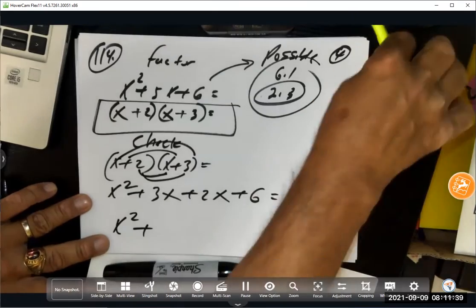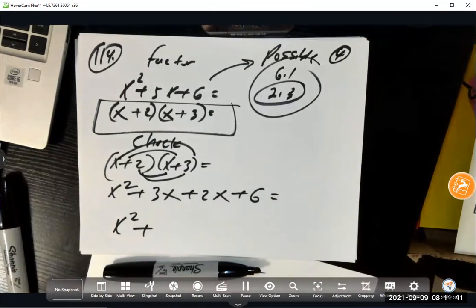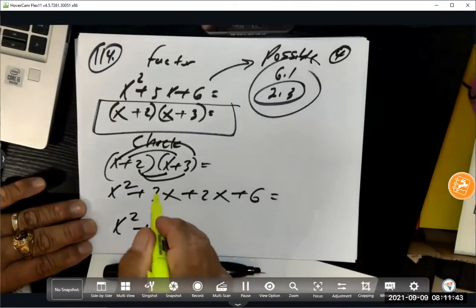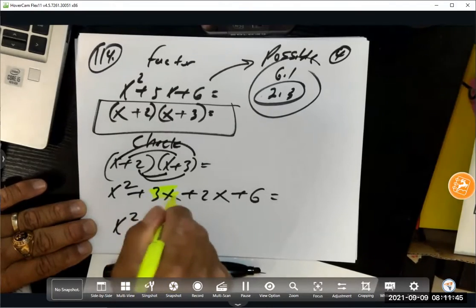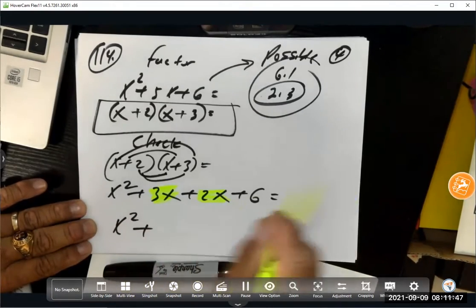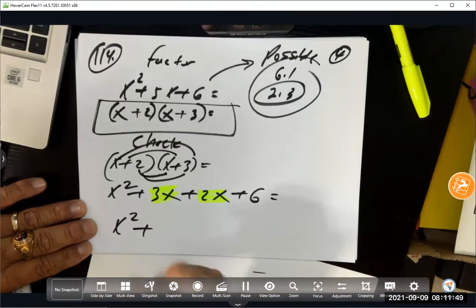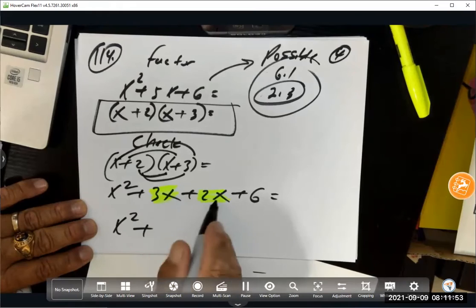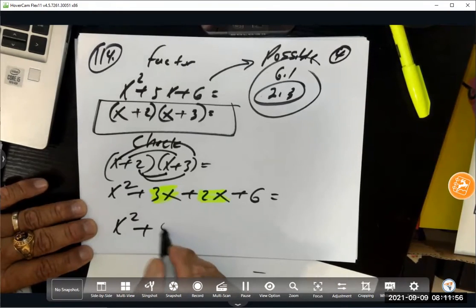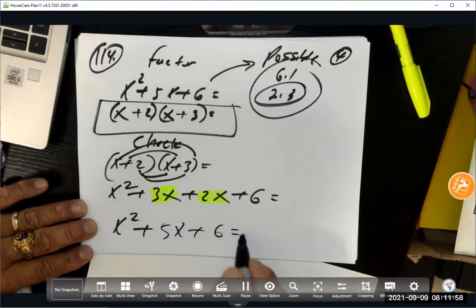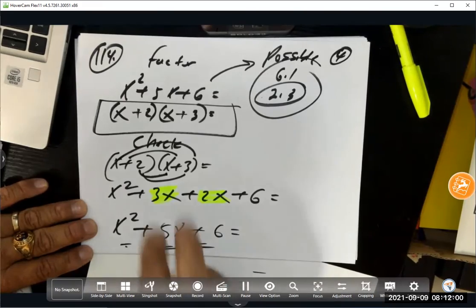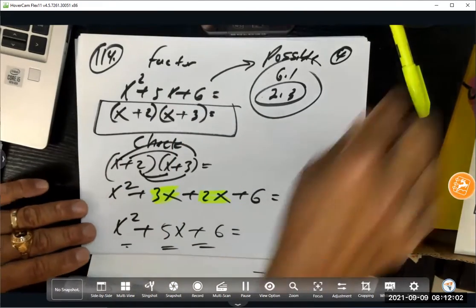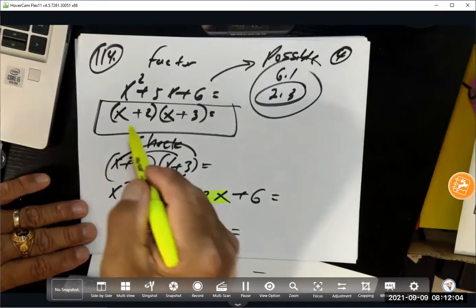What is 3x added to 2x? 5x. Yeah, 5x plus 6. Does this one match the one up there? Yes, it does. So this is the correct answer.